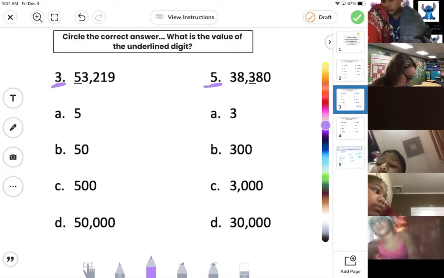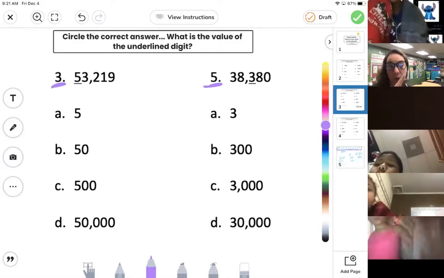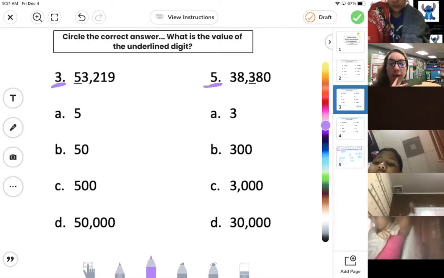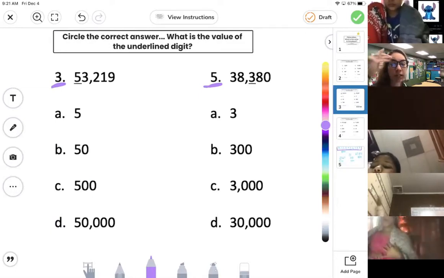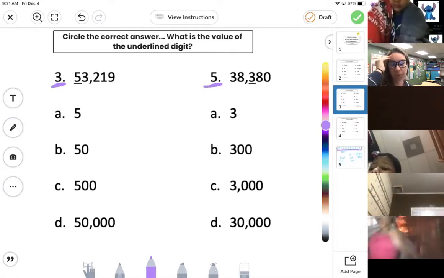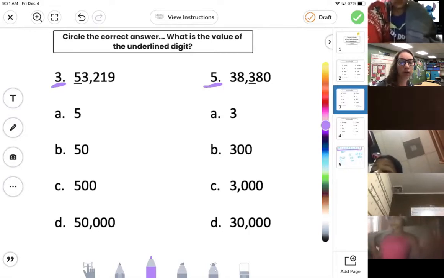So let's do number 5 together, guys. What is the value of the underlined 3? There are 2 3s, so be careful. Keep it in your brain for a minute, and then I'm going to ask you to hold up fingers to correlate with the answers. Keep it in your head.